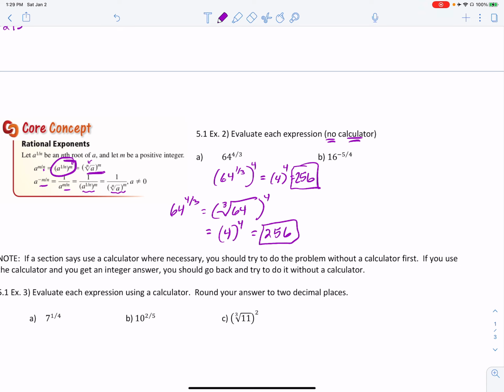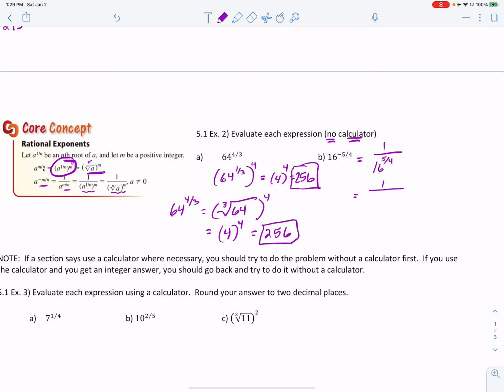Now, if you have 16 to the negative 5/4, the first thing you should do, or suggestion, is to drop it to the denominator, and then you change the sign on the exponent to be positive. And then I can use either method to rewrite this.